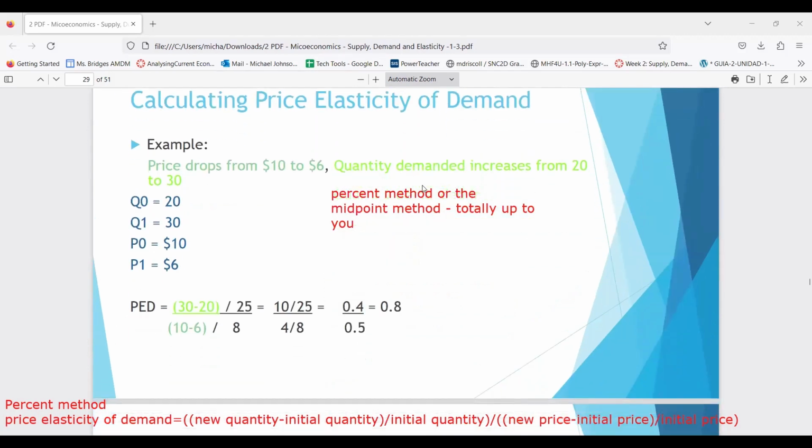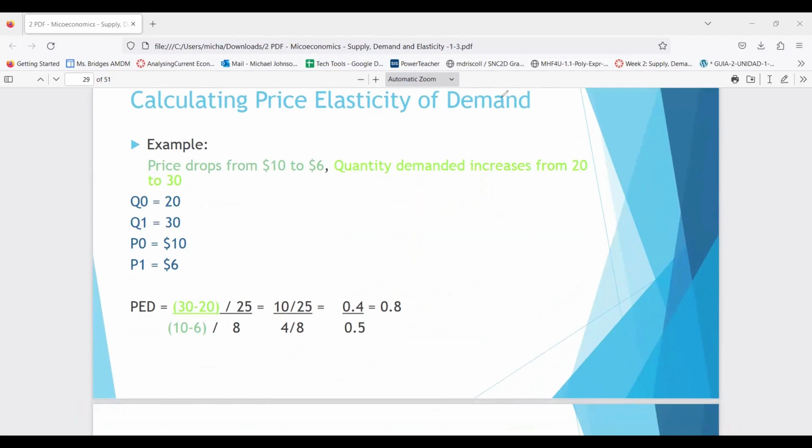So in this example, if you're going to do it through the midpoint method, it would be 30 minus 20 divided by (30 plus 20) divided by 2, and then divide that by 10 minus 6 divided by (10 plus 6) divided by 2.